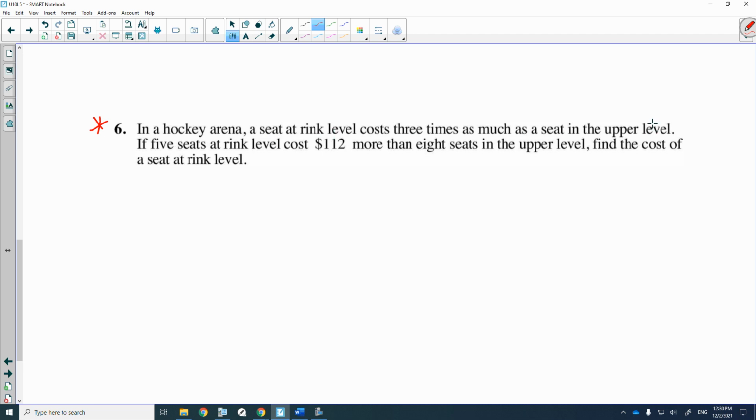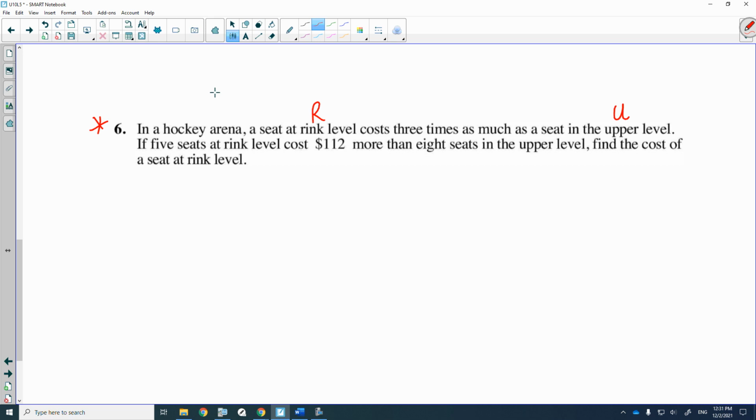Is that generally true? Are tickets at rink more? Okay, so they're saying it's 3 times more. If you want to buy a ticket at the rink, it's 3 times more. So here's what we're going to do. We're going to call our rink level seats R, and let's call our upper level seats U.